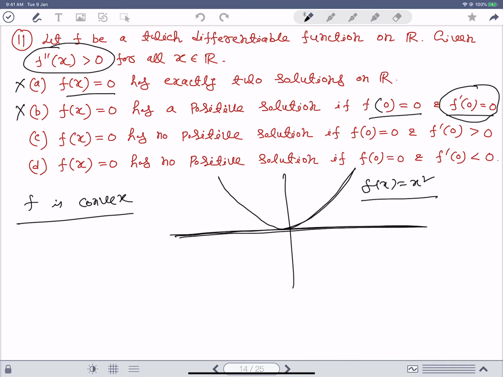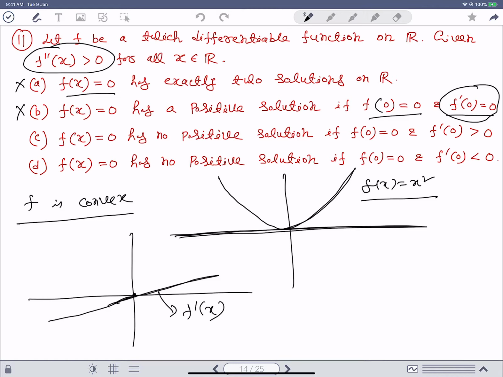So you must have a function which is 0 at 0 and this is the slope. Since the function is convex, we must have this kind of function, and this is the tangent.